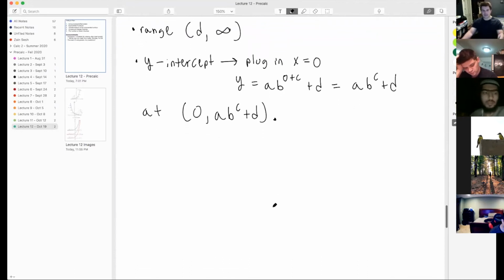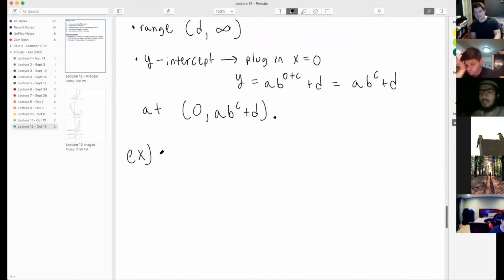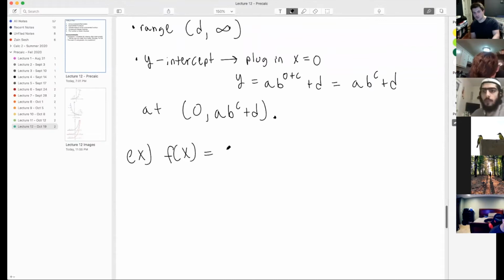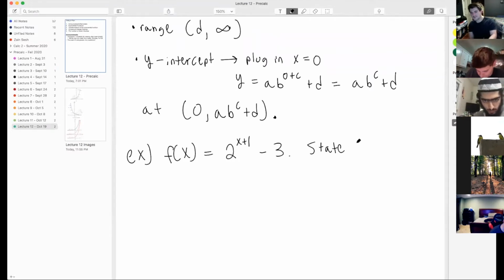Okay, so the example I have here is f of x equals 2 to the x plus 1 minus 3. And what I will ask is a few things. State the transformation of 2 to the x.